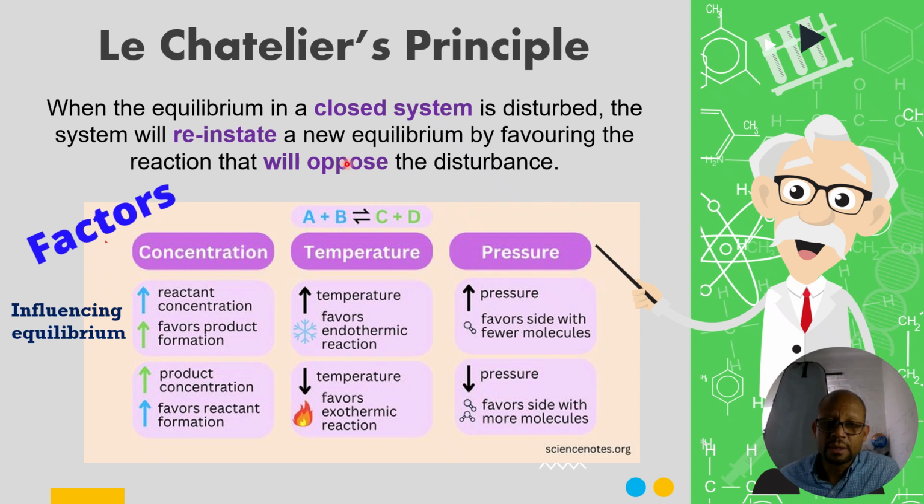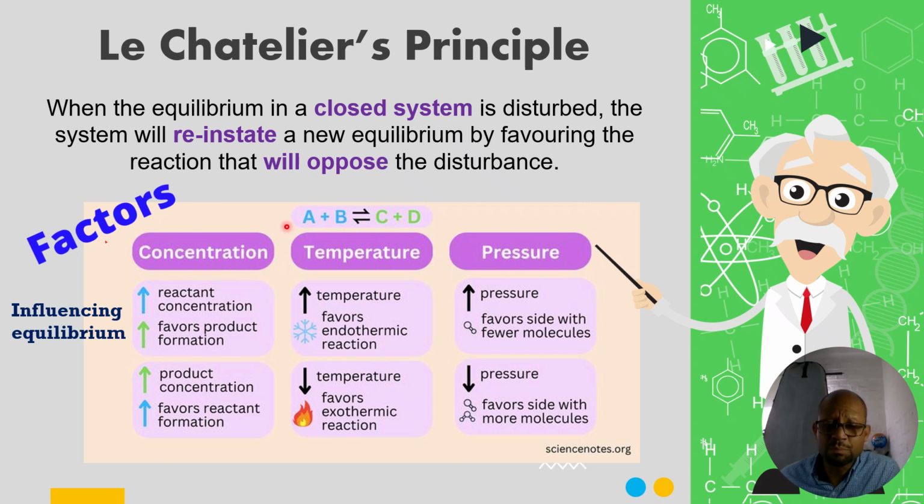Here we have a fictitious equation: reactant A reacts with reactant B, producing product C and product D. Now I've got colors that will indicate to us which particular reactant or product we refer to. If the concentration of the reactant increases, that could be A or B, that will cause the concentration of the products to increase.